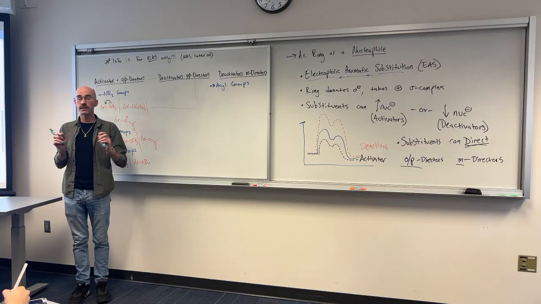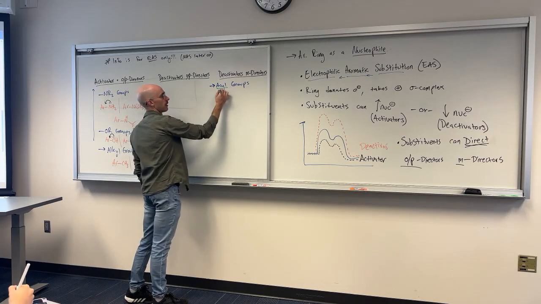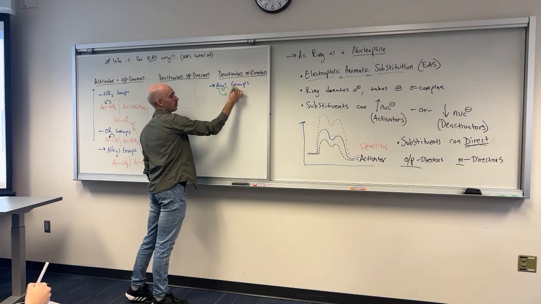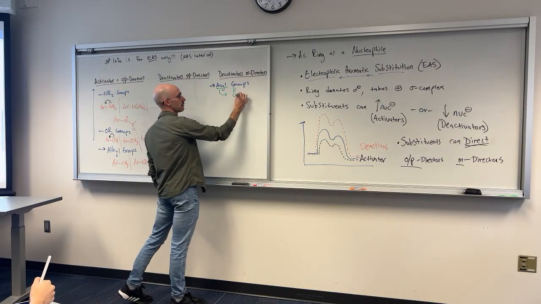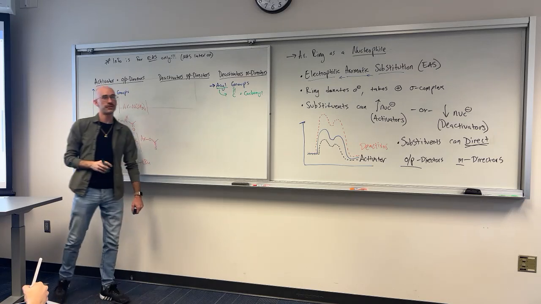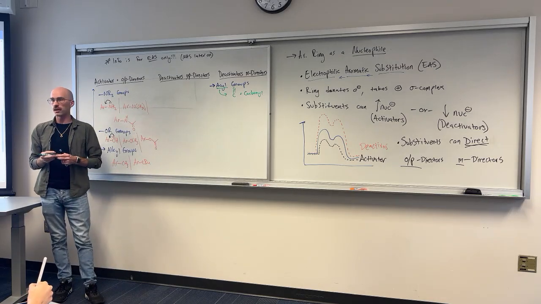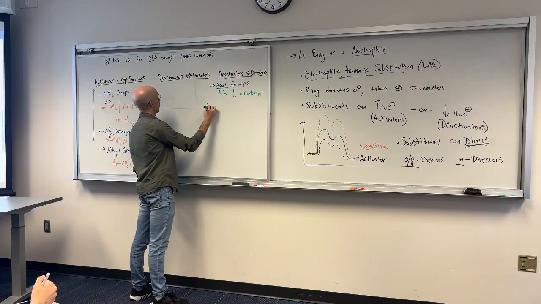Acetylcholine, acetic acid. Acyl is a carbonyl group. So when you see carbonyl, you can think acyl. When you see acyl, you can think carbonyl. So here are some carbonyl groups.